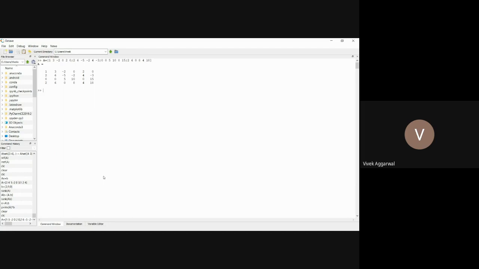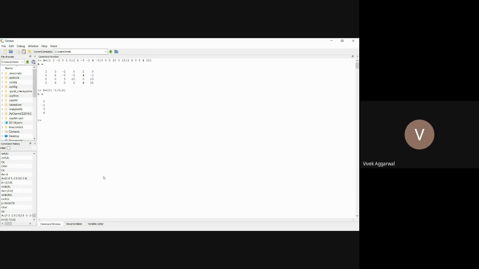Okay, and then I take the right hand side vector. So b I define like 0 minus 1 5 6. This is the right hand side vector. Okay, so this is my system equation, and now what I want to do, I want to reduce this matrix into the echelon form.